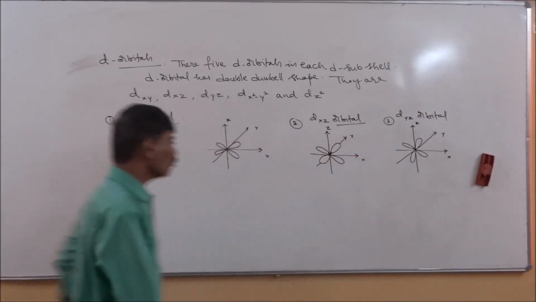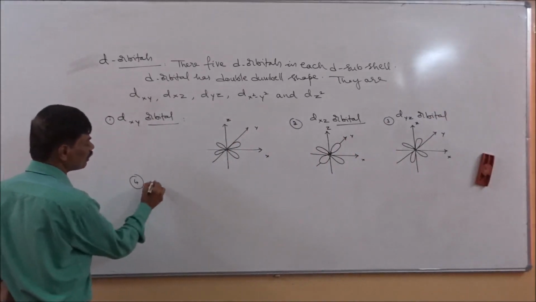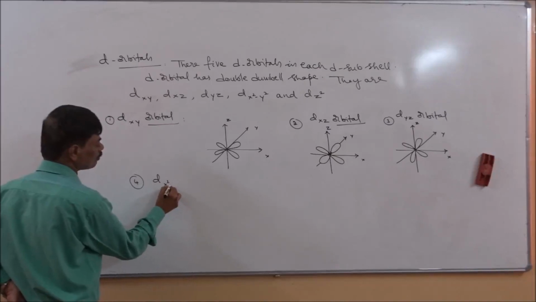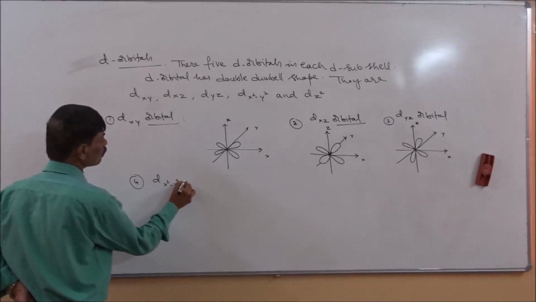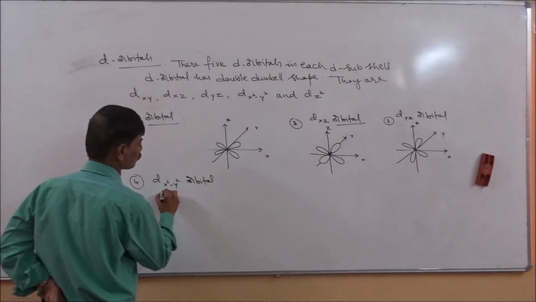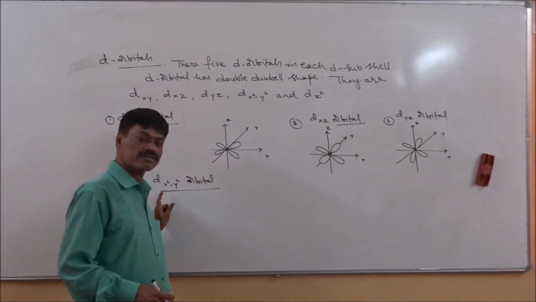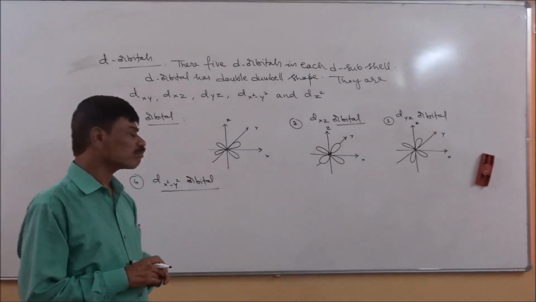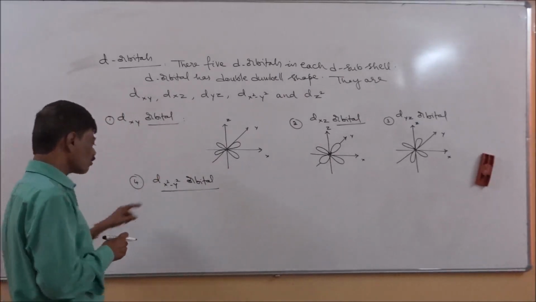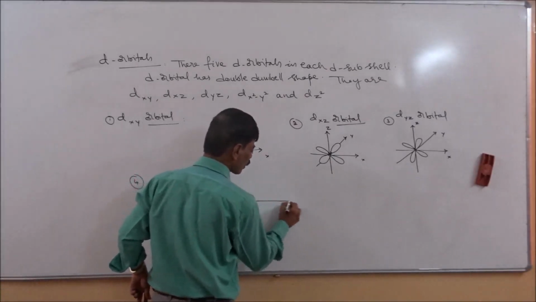Now we'll move to the fourth type of d orbital, that is the dx square y square orbital. Here, one dumbbell we need to show over the x-axis, the second dumbbell we need to show over the y-axis. So we will show the axes first.